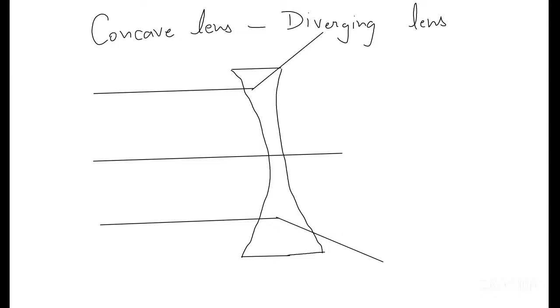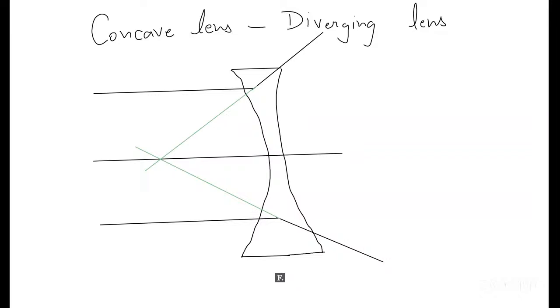Now, if I extend them, let's use some other color. They will meet each other at this focal point F.